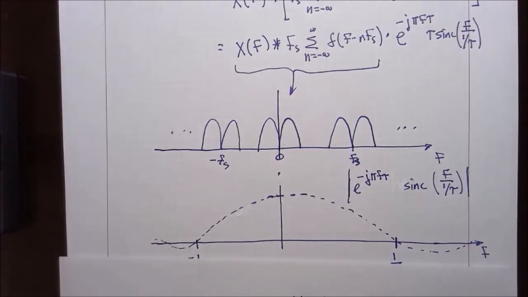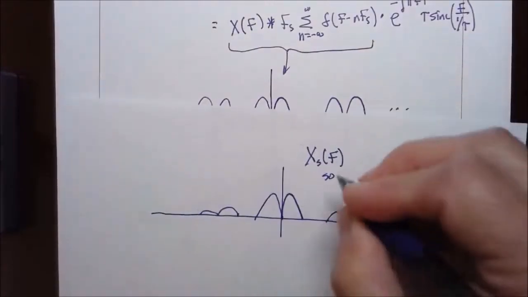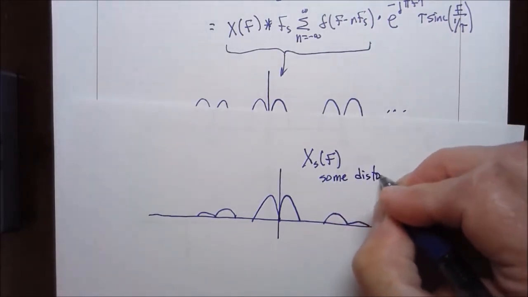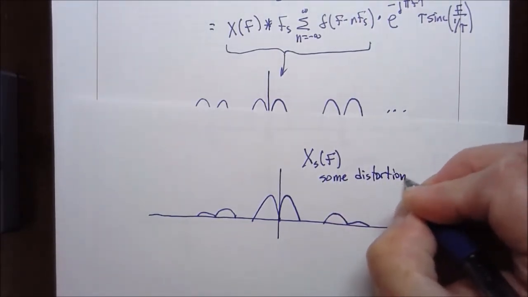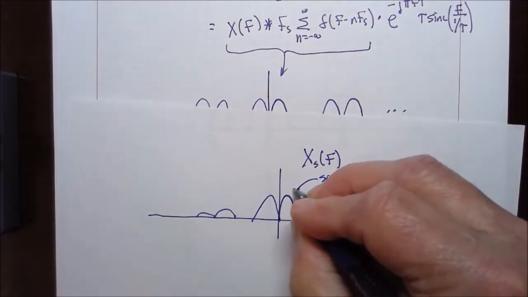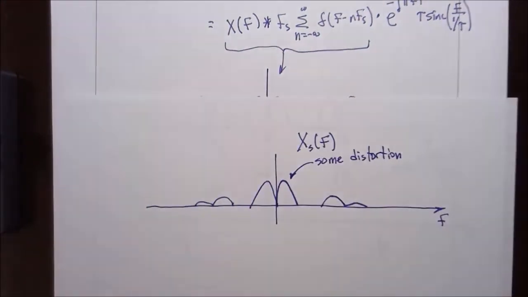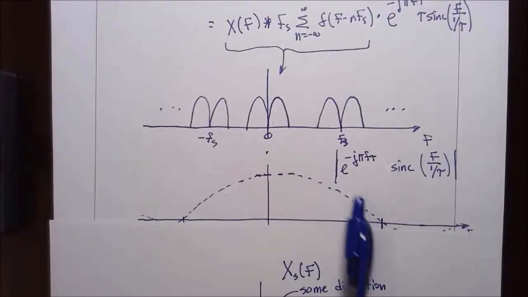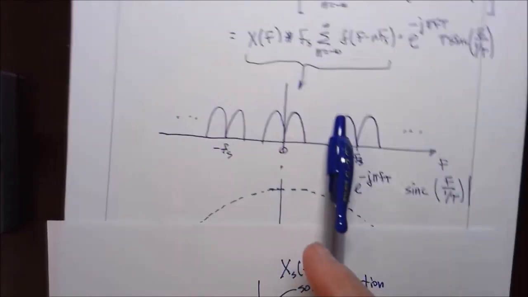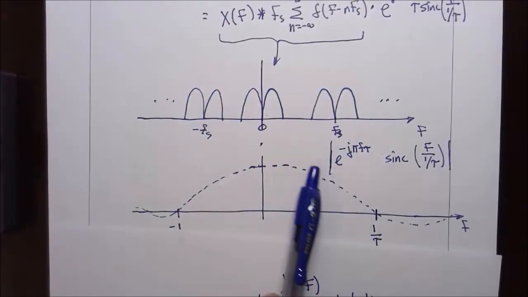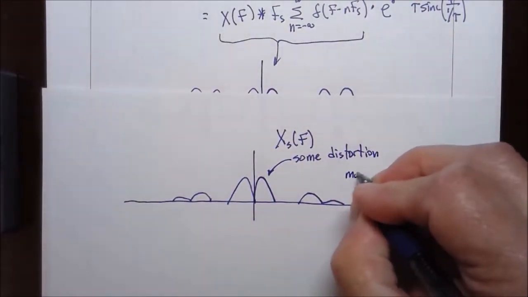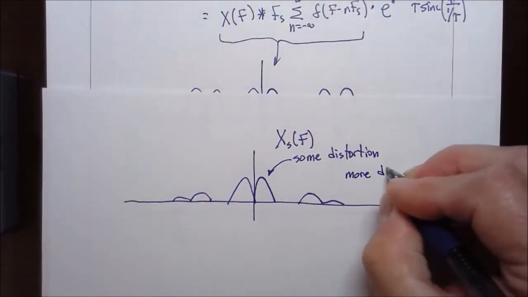So there is some distortion in this center replica, but it's not as bad as over here, where this shape is multiplied by this more pronounced sloping line. So this would be more distortion.